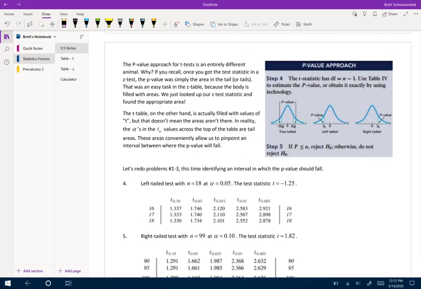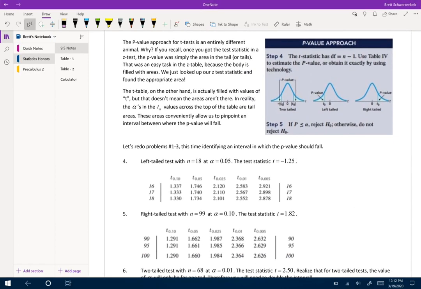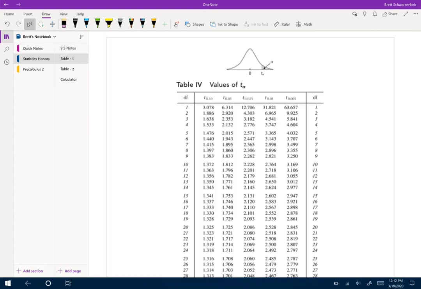All right, so let's check out the p-value approach for t-tests. This can be a little bit trickier. The z-table is very easy to find areas for, but in the t-table, we have a different situation. Remember, t sub alpha has an area of alpha above it.